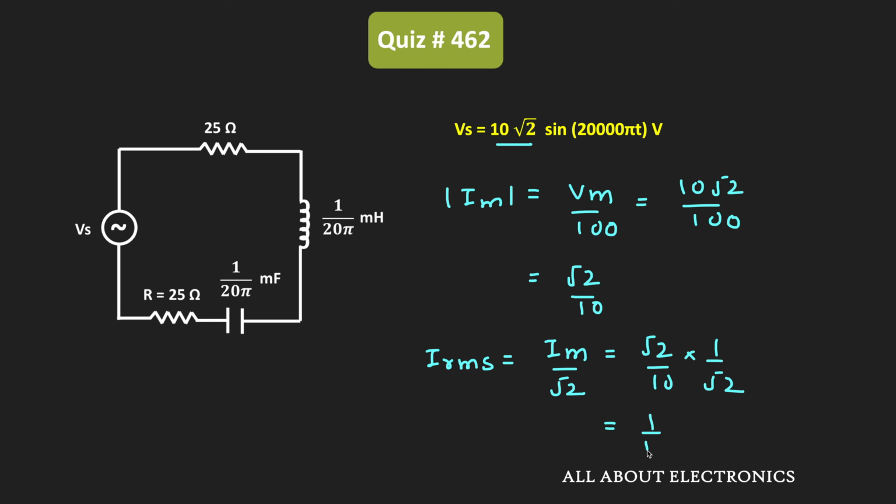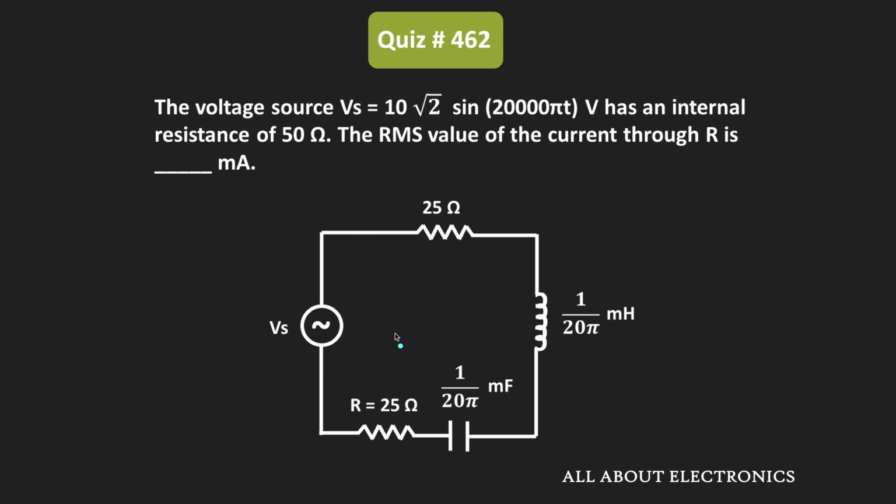That is equal to 1 by 10, or in the milliampere, that is equal to 100 milliampere. So from this we can say that for the given circuit, the RMS value of the current is equal to 100 milliampere. And therefore we can say that the RMS value of the current which is flowing through this resistor R is equal to 100 milliampere.